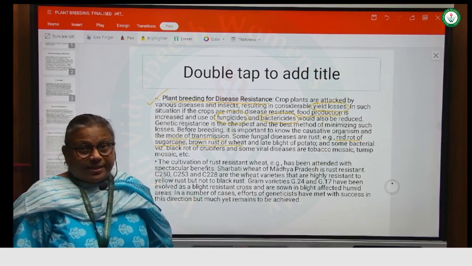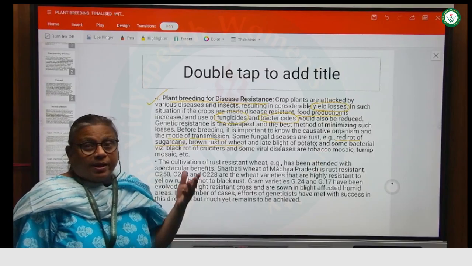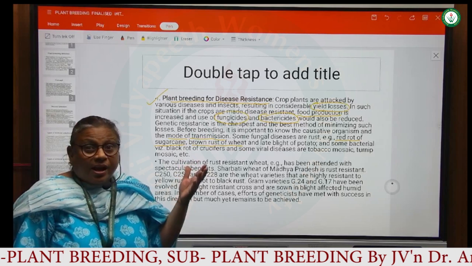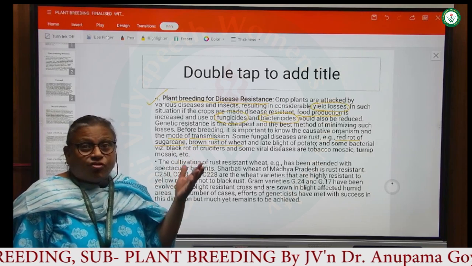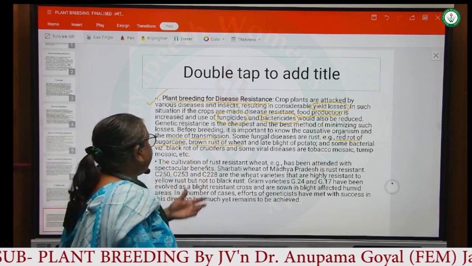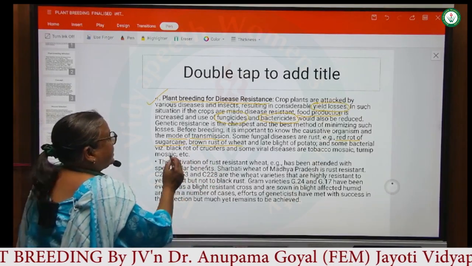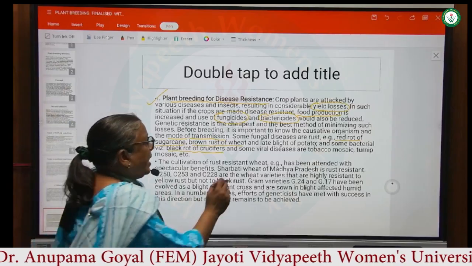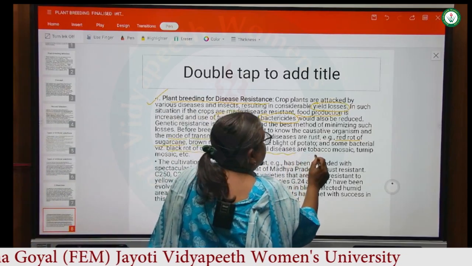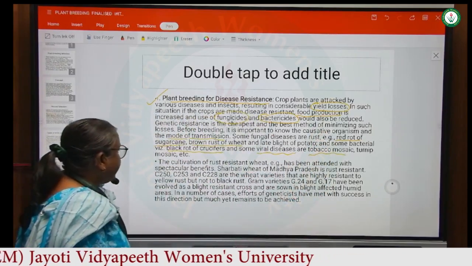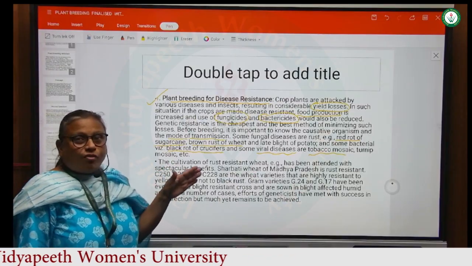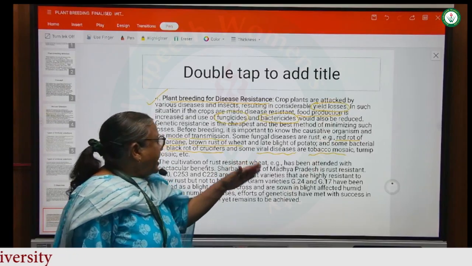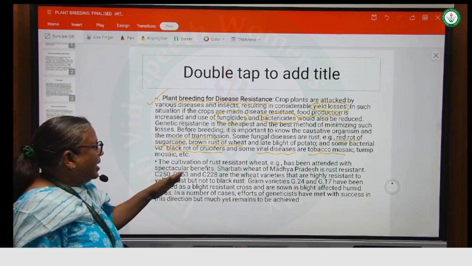All these diseases are caused by various fungal pathogens. There are also important bacterial diseases like black rot of crucifers, and viral diseases such as tobacco mosaic disease. And now the cultivation of rust resistant varieties of wheat has been attended with spectacular benefits.